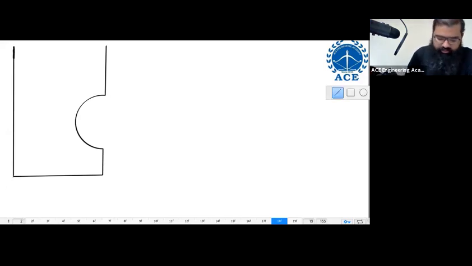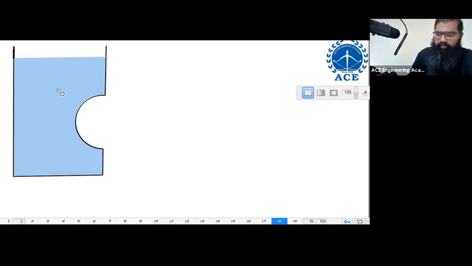Inside this tank, let us say you're having some fluid over here. There is some fluid present.